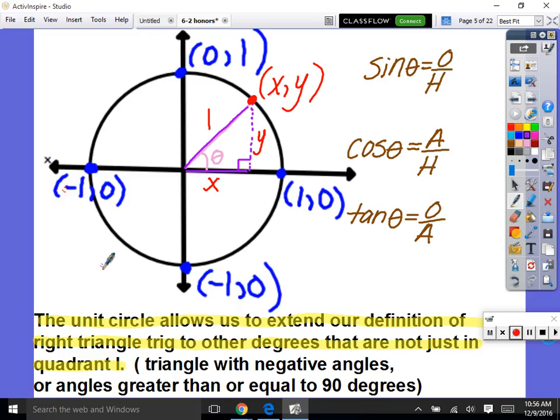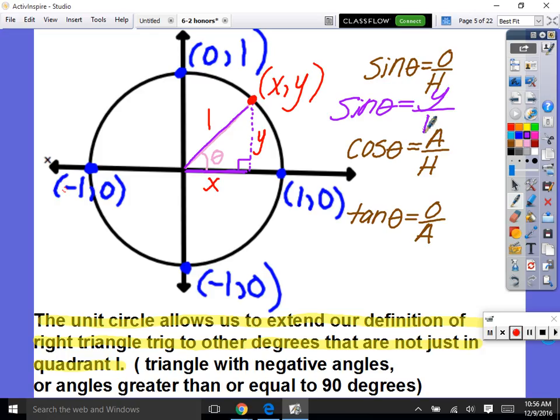So think about it, guys. If this is x, y, wouldn't this distance from here to here on our triangle be x? And then this distance from here to here would be our y value, correct? Okay. So sine of theta is opposite over hypotenuse. So sine of theta equals opposite, which is our y value, over our hypotenuse, which is 1.